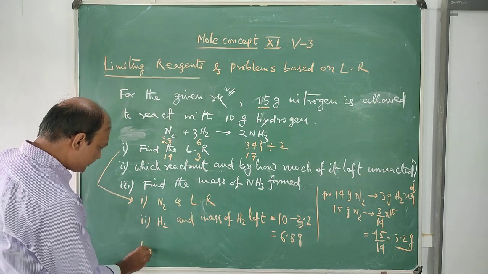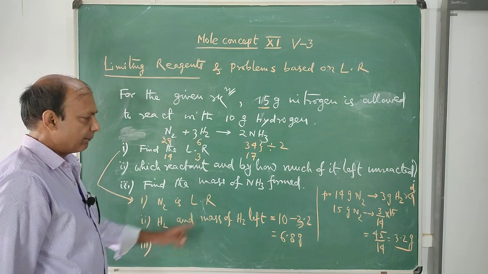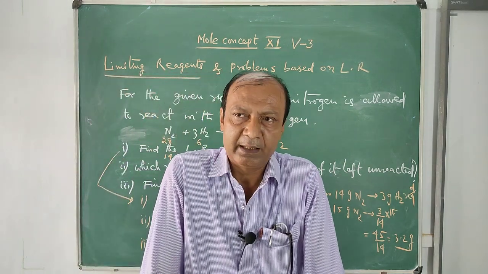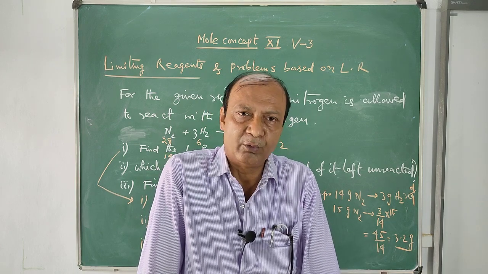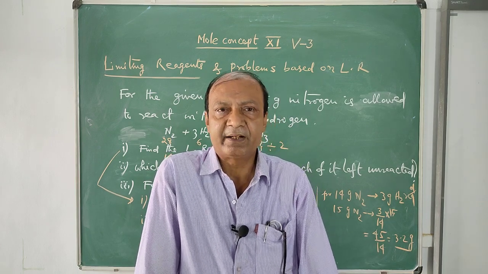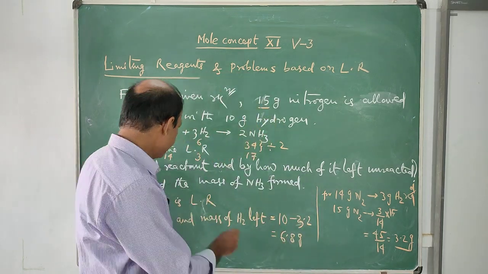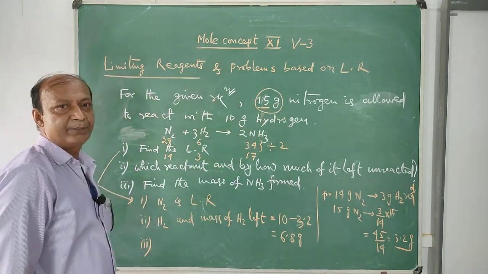And thirdly, the mass of ammonia formed. Whenever you are to find the mass of the product, always use the limiting reactant to find the mass, because the limiting reactant is that reactant whose mass is fully consumed. Which one is the limiting reactant? Nitrogen. What is the amount of nitrogen involved in the reaction? 15 gram.